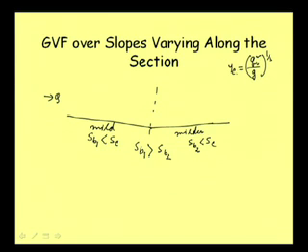So, this YC is equal to Q square by G, this value is constant. So, whether we calculate critical depth over this channel or over this slope, whichever slope, it does not at all get influenced by the slope value.